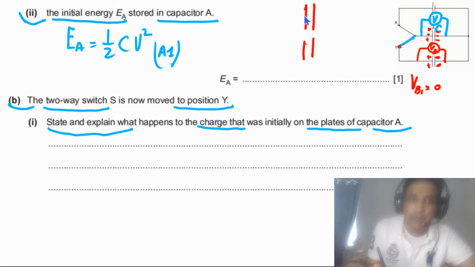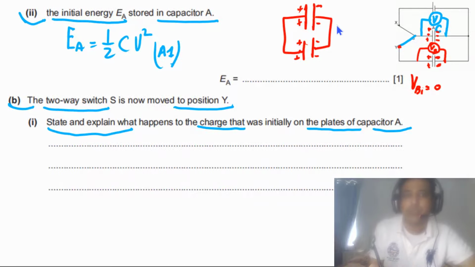If we have an arrangement like this, with positive charge here, positive charge here, negative charge here, negative here, the capacitors are in parallel. So this is a very important point. These two capacitors are in parallel.